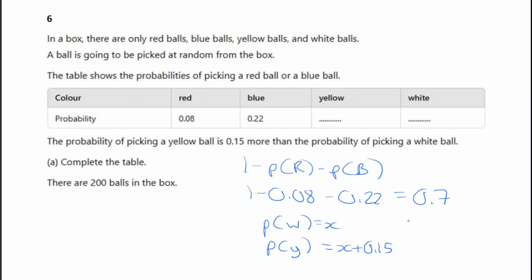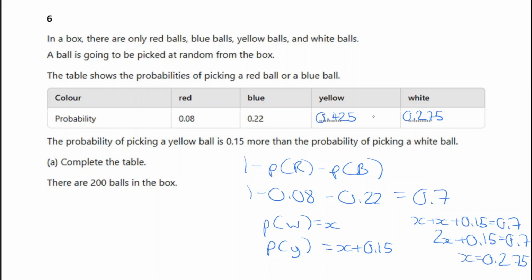And we know that if we add those two probabilities together, that will give us 0.7. And we can solve for x to get a value of 0.275. Which means our probability of picking a white is 0.275, and our probability of picking yellow is just 0.15 more than this.